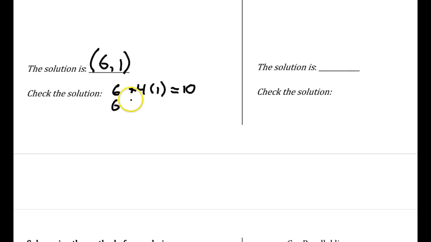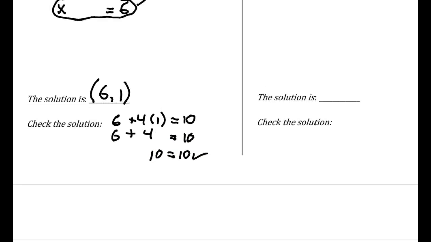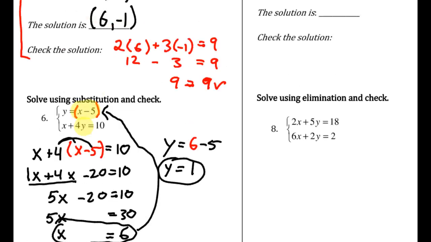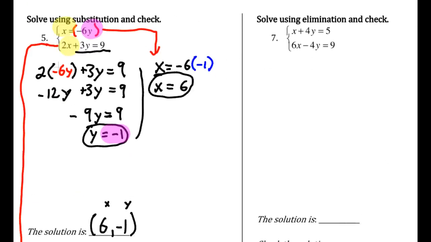And sure enough, 6 plus 4 does equal 10. There we go. Once you do a lot of these, you really get the hang of it and see the similarities between all the problems.